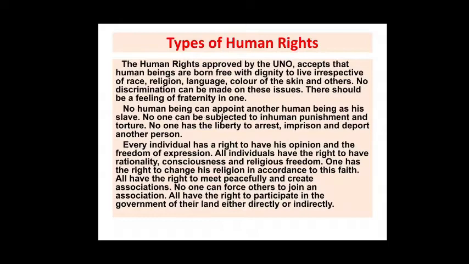No one can be subjected to inhuman punishment and torture; before, people gave punishment and exploitation to slaves. That's why it is declared. No one has the liberty to arrest, imprison or deport another person. So the government has many rules and regulations.